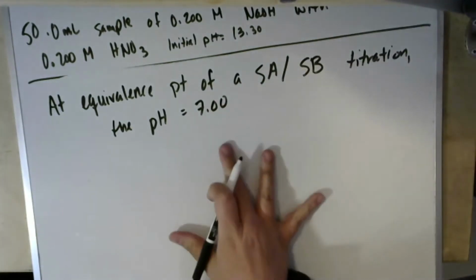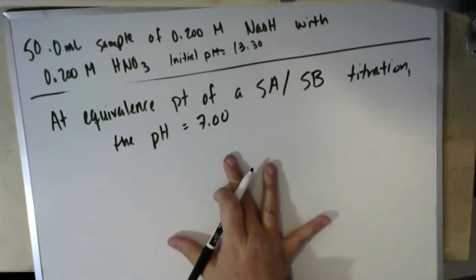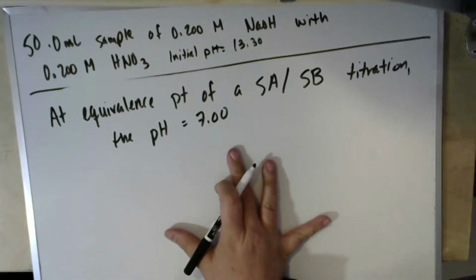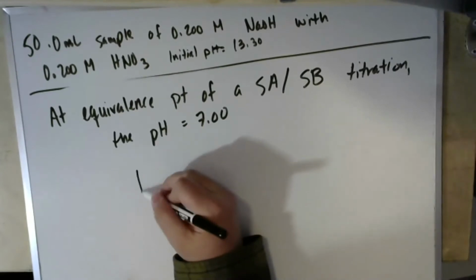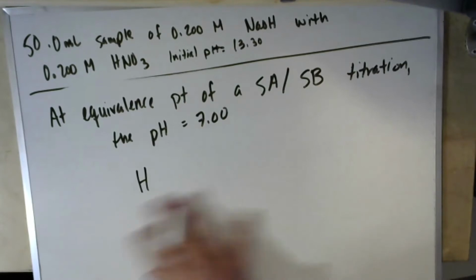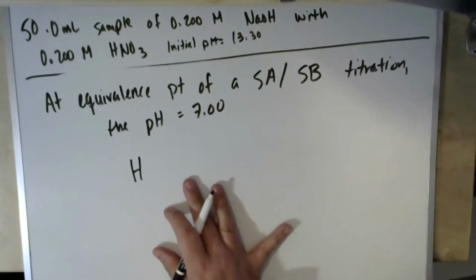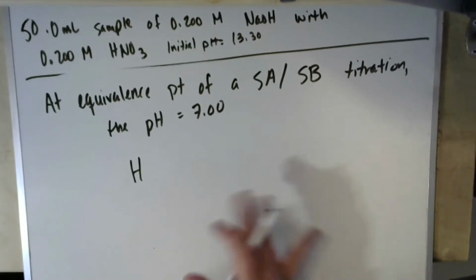And think about why this is, regardless of the strong acid or the strong base that you're working with. So we're putting examples down, but this could be representative of any strong acid and strong base.